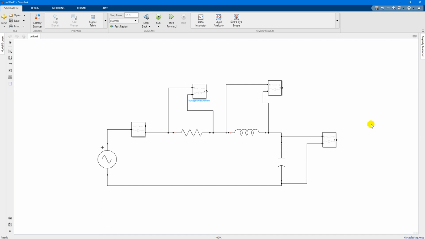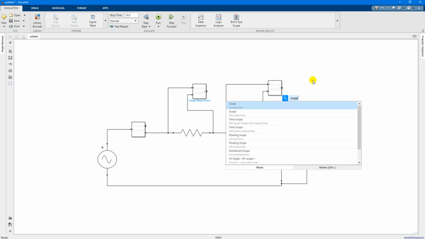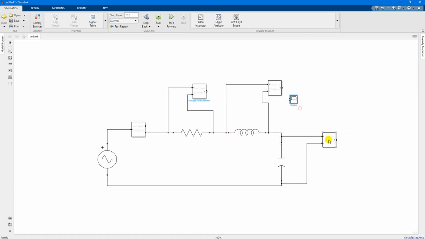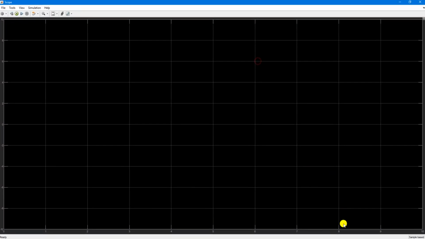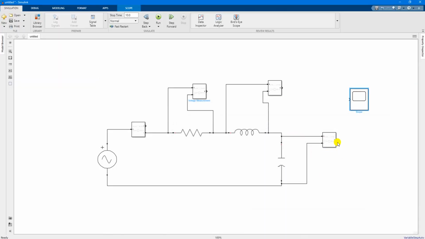Now, in order to view all of this, we can use something called the scope. We type here scope like this, so we can see all of the output waveforms in it. First we double click on it. As you can see, we have how many inputs? 1, 2, 3, and 4. So we have 4 waves we would like to observe.